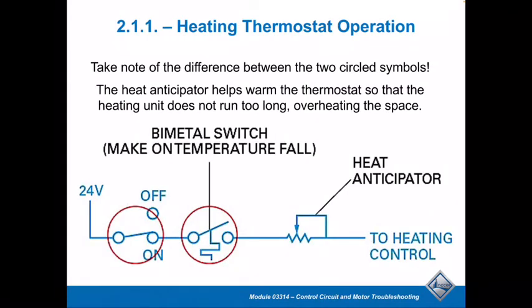So let's talk about the operation of a thermostat. There's a couple of symbols in here, and the first one I want to hit on is the circle to the left. That's kind of an on-off position. So you might have an application where there's a switch on a thermostat that is either on, maybe it's heating or it's cooling or whatever it might be.